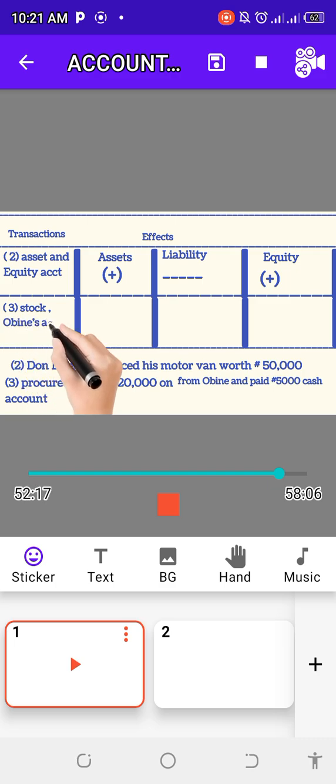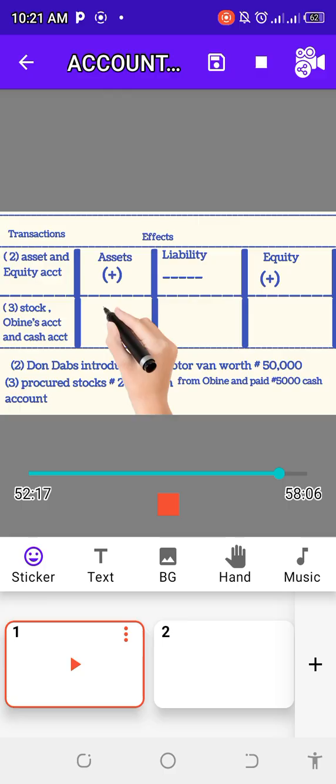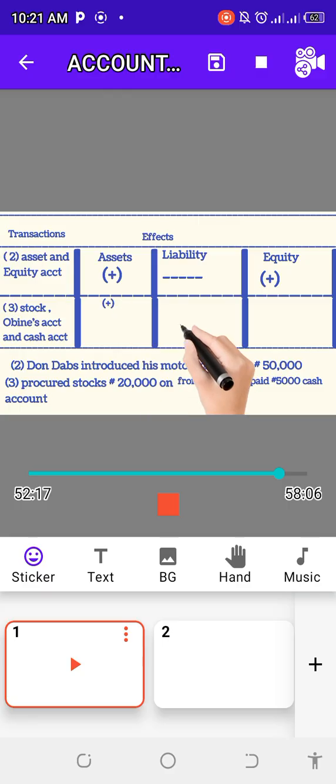The second transaction involves three accounts: the stock account, Brown's account, and the cash account. It involves cash because cash was paid. Stock account increases, cash account reduces, and Brown's account, which is a liability account, increases. So stock account increases, liability account increases.